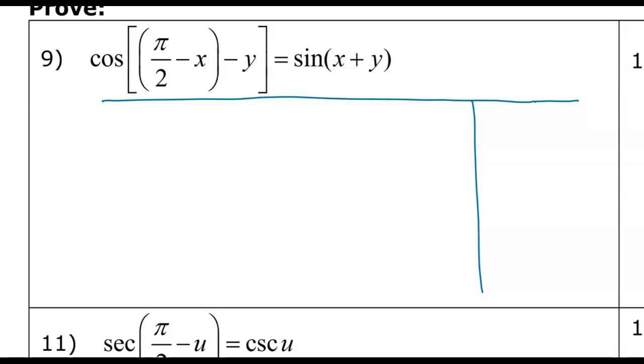we have an angle, which we'll call this angle A, right here. This is an entire angle, and this is angle B. We can use the difference of cosine to simplify this.